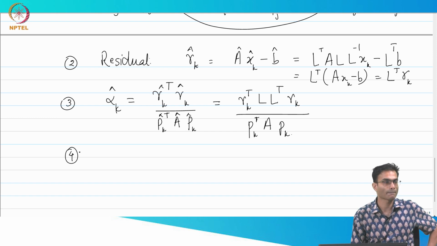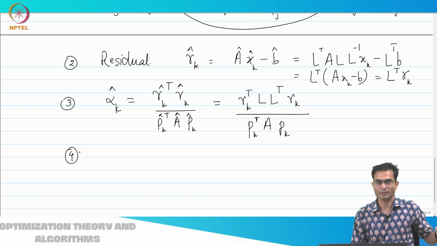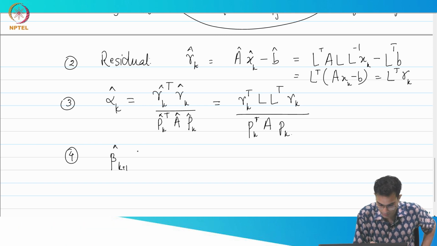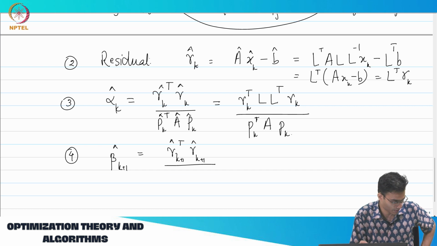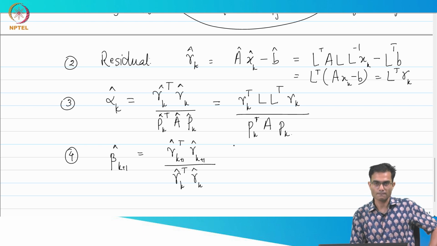Next, what do I need? I got my P, R, alpha. What else do I need? I need my betas. So let's look at beta k. Let's say beta k plus 1 hat. The simplified expression for that was rk plus 1 hat transpose rk plus 1 hat divided by rk hat transpose rk hat.